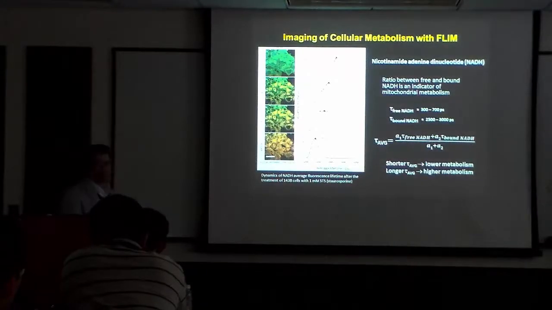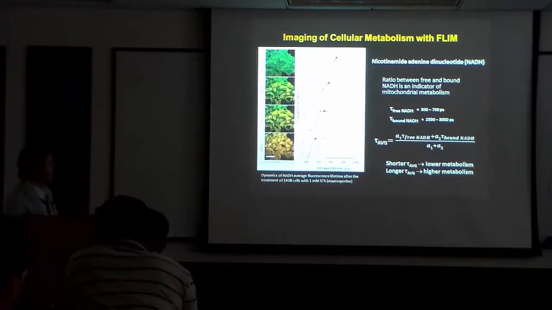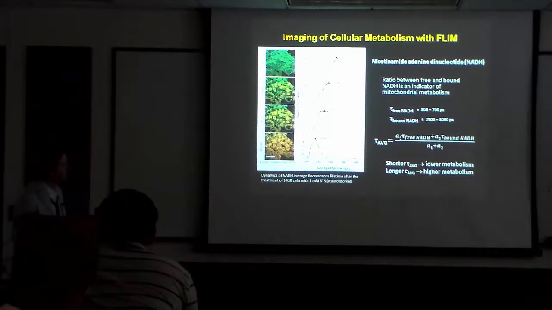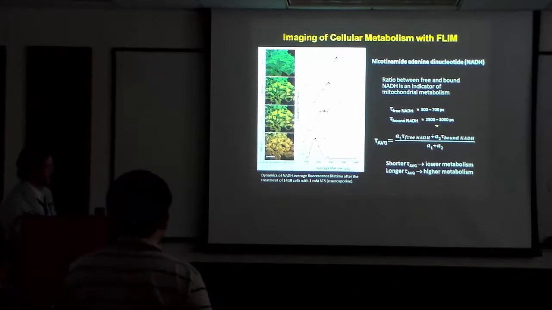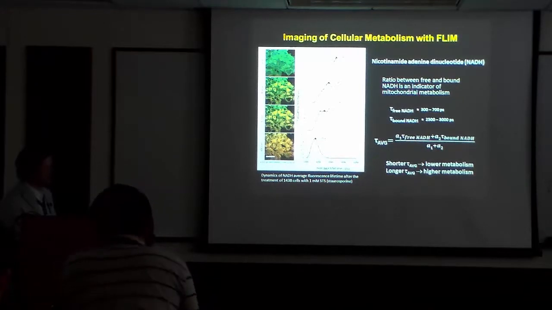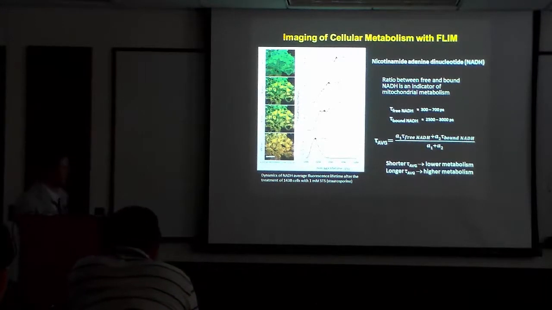Well, we turned to FLIM for this. FLIM gives us a changing fluorescence lifetime that depends on the ratio of NAD to NADH. We can look at these time constants, and basically the message is that the longer the time constant, the higher the metabolism, or the more active those particular cells are.